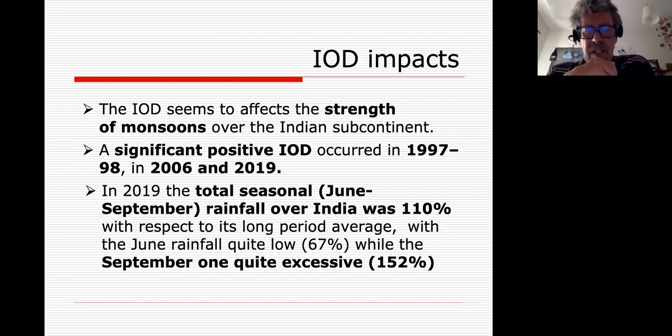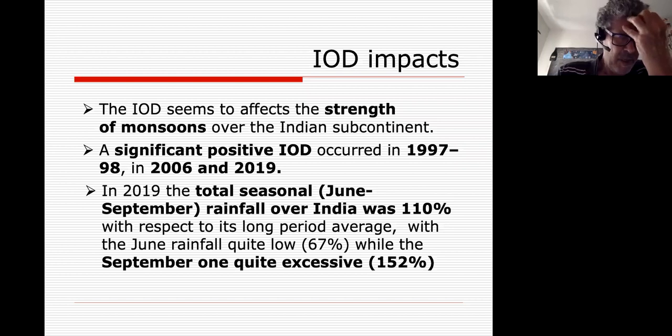Especially the effect of the monsoon on the Indian subcontinent has been found in at least three cases: in 1997-98, in 2006, and 2019. This last case is the most well known and studied. There are more data, and it is a recent one.